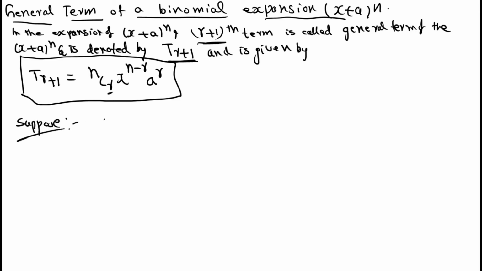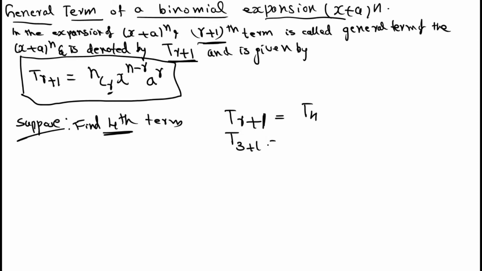Suppose you want to find the fourth term in any expansion. In our formula T(r+1), how do we get the fourth term? In place of r you need to substitute 3, so 3+1 gives T4.